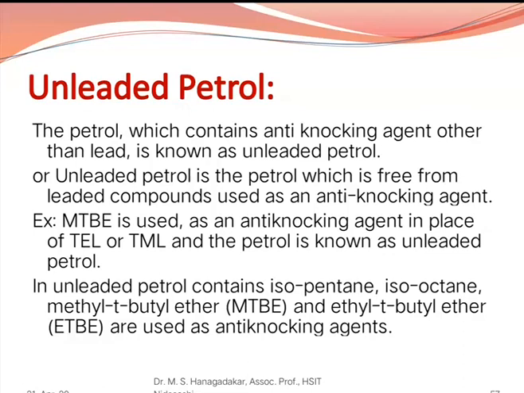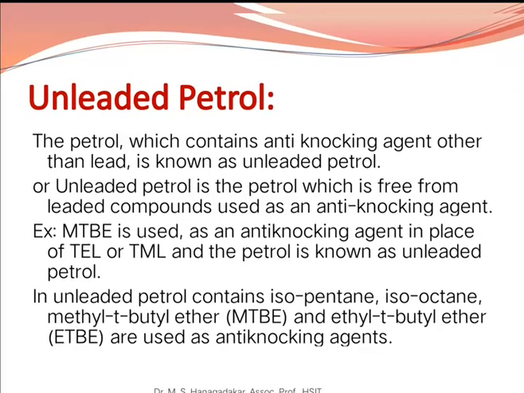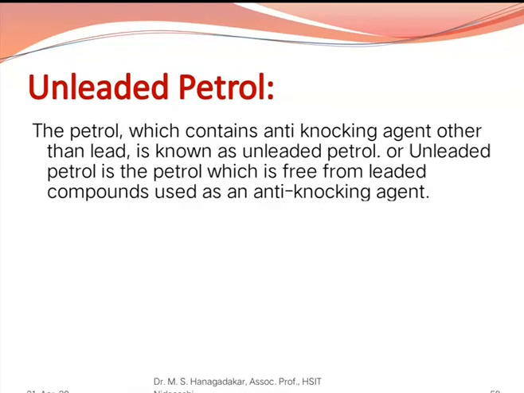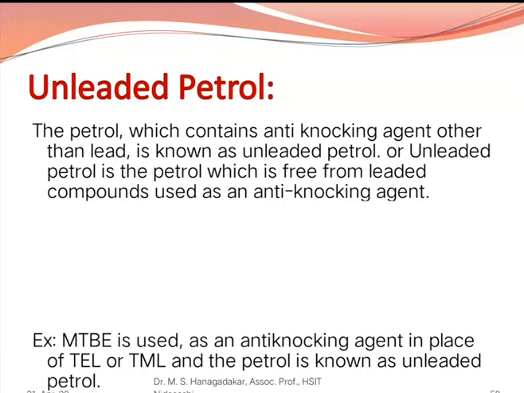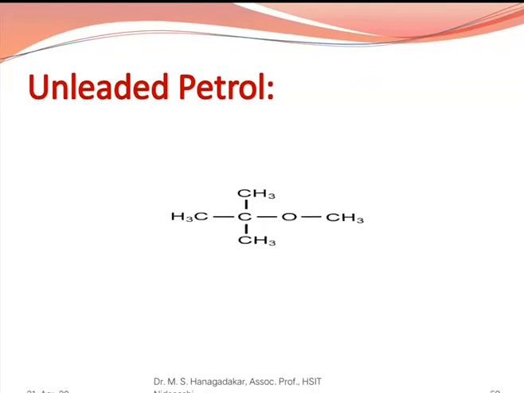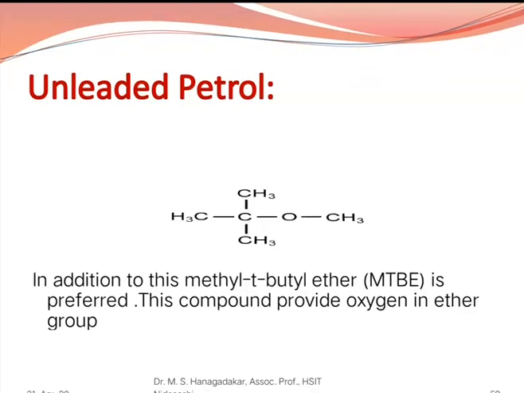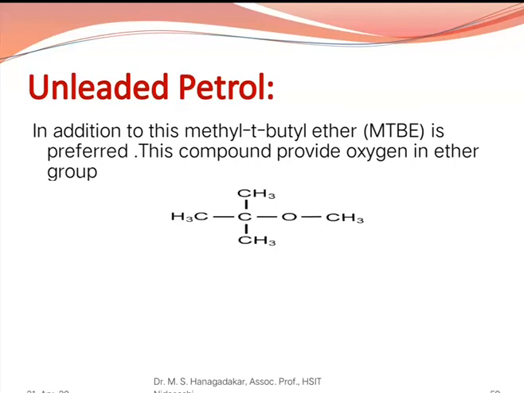In unleaded petrol we can use other hydrocarbons like isopentane, isooctane, methyl tertiary butyl ether and ethyl tertiary butyl ether, etc. as anti-knocking agents. Amongst these, methyl tertiary butyl ether is preferred as the anti-knocking agent in unleaded petrol.